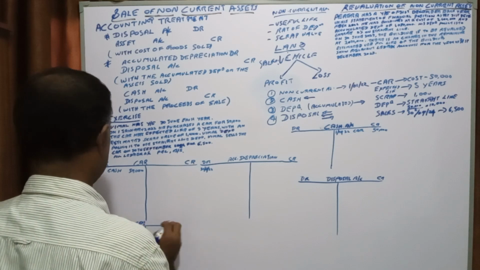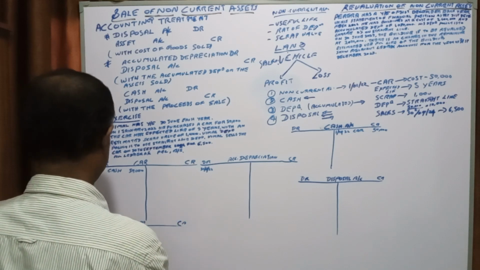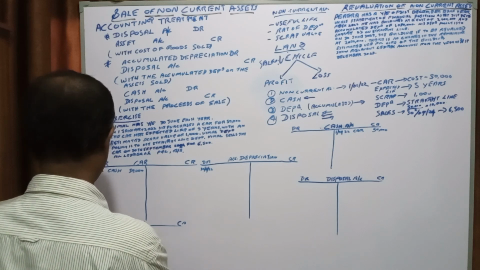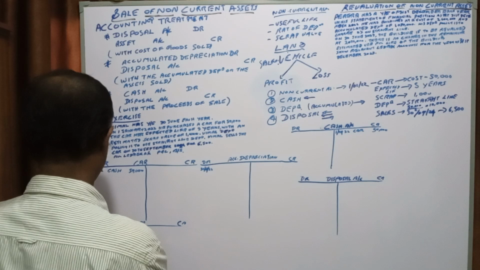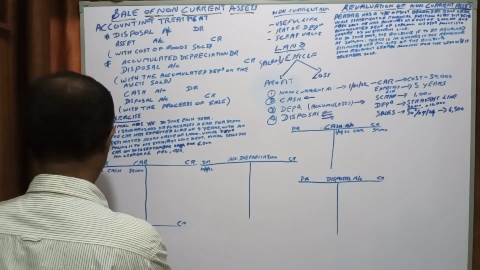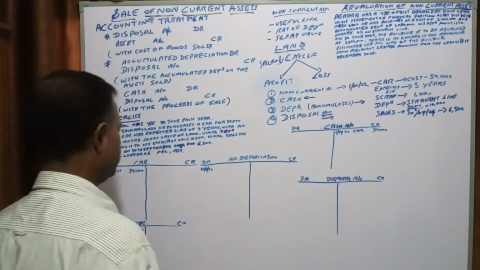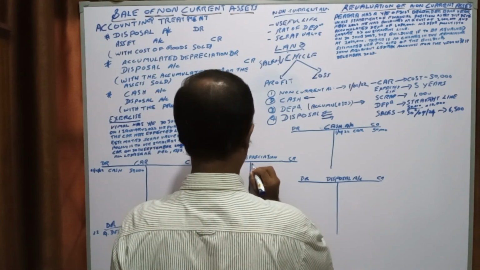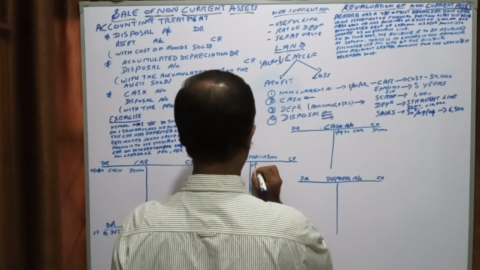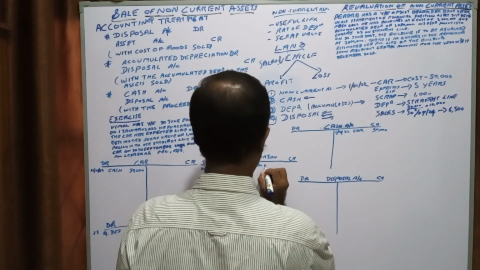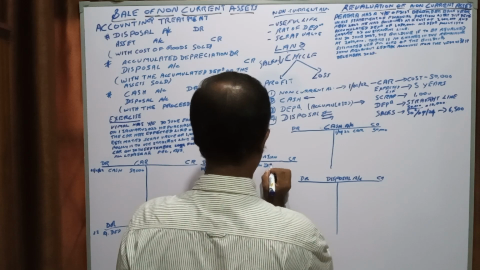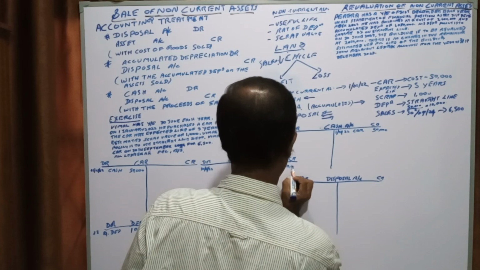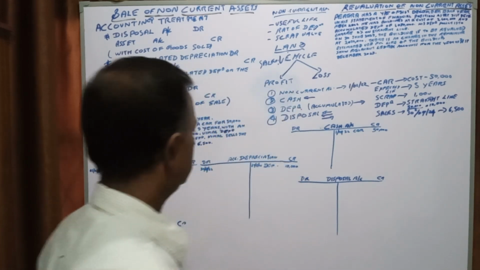Debit 10,000, accumulated depreciation account, in the year 2022. Depreciation 10,000.